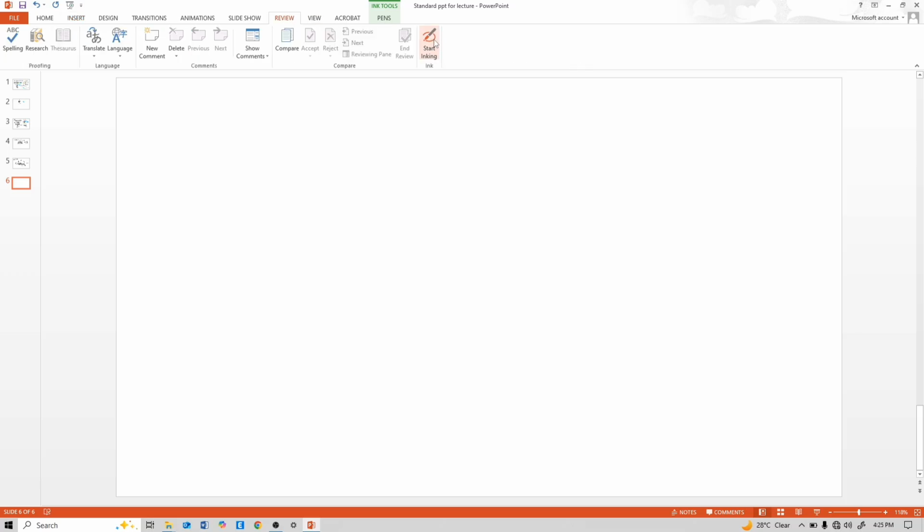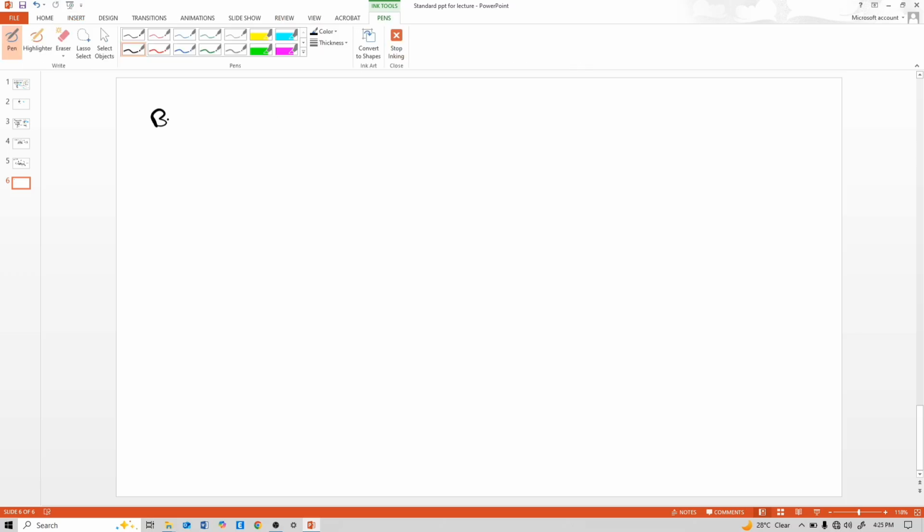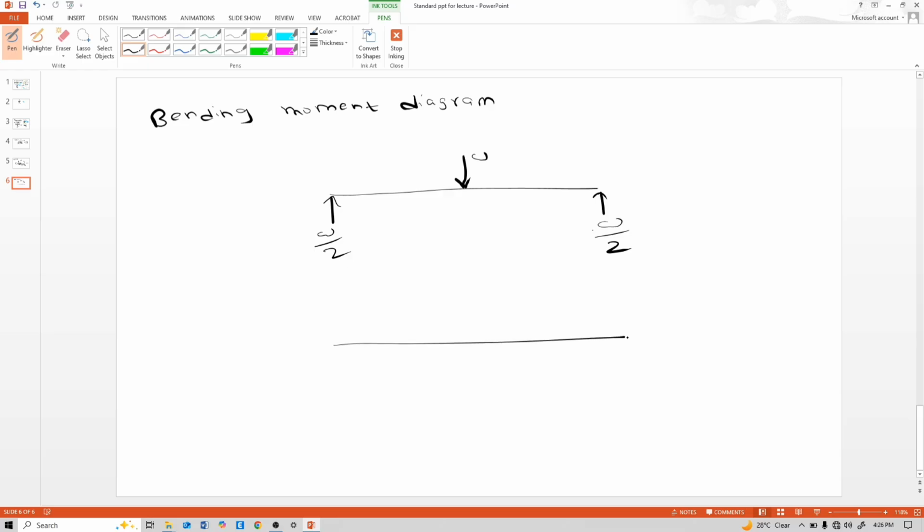Now next is the bending moment diagram. See, for that beam, the bending moment diagram is this, with maximum WL by 4.